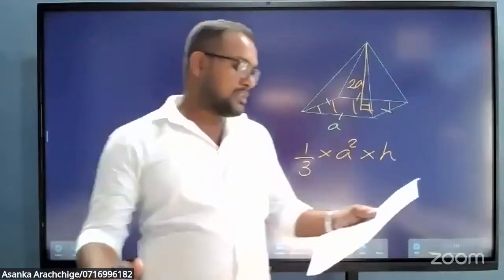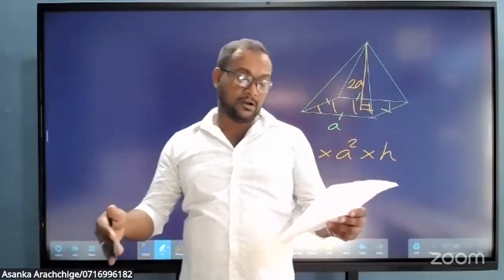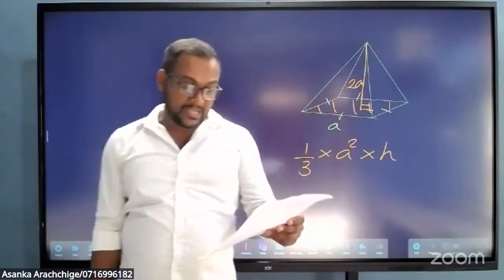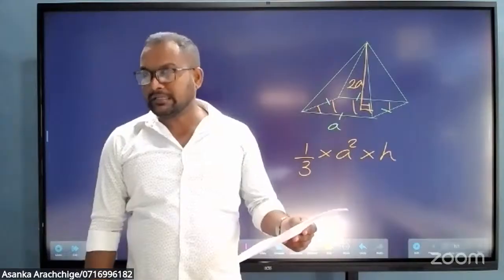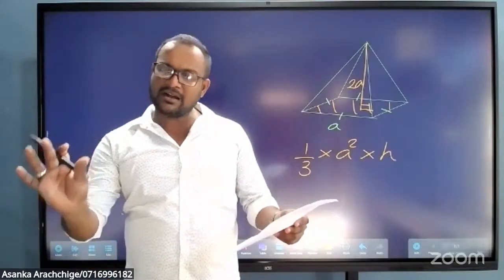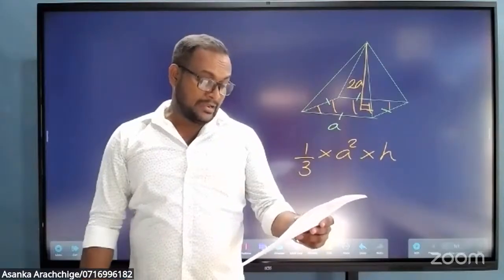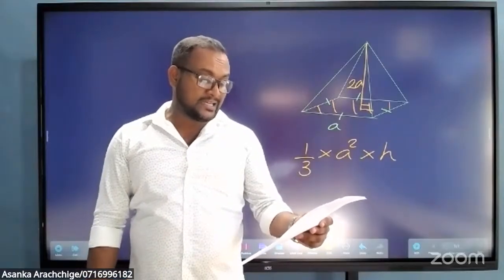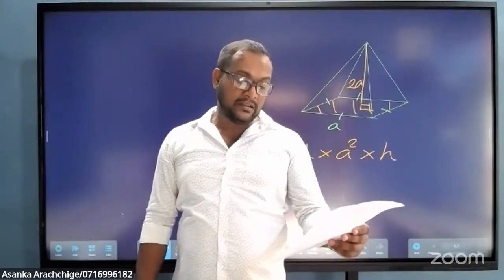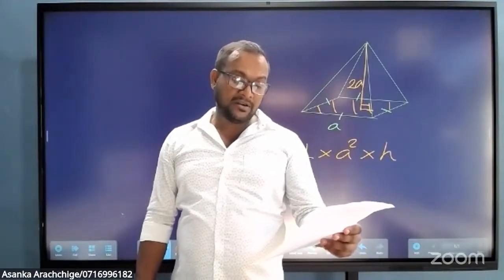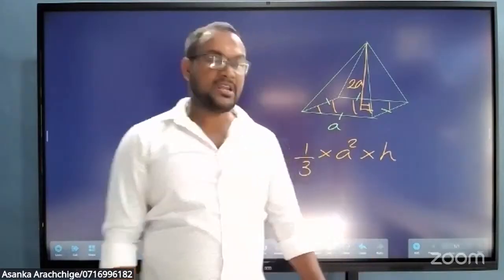9 small solid metal right pyramids, each with a square base of side length a and height 2a, are melted, and a solid right circular cylinder of base radius r and height 3r is made without any wastage of metal.